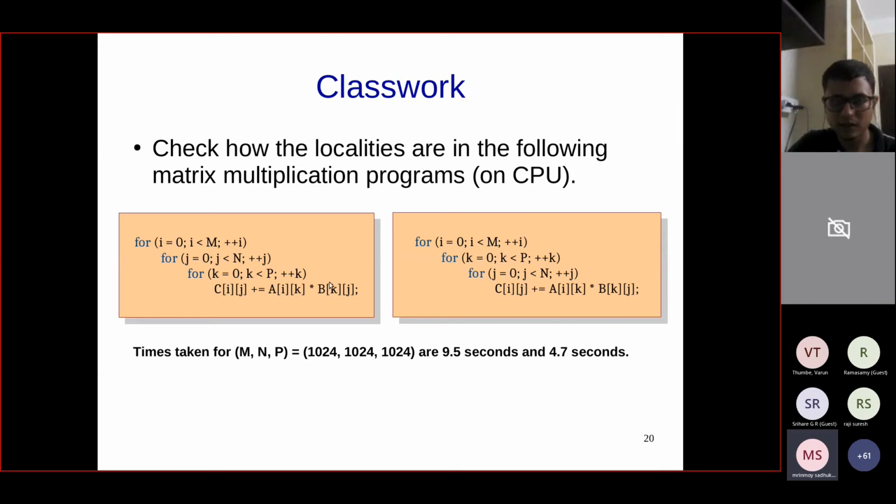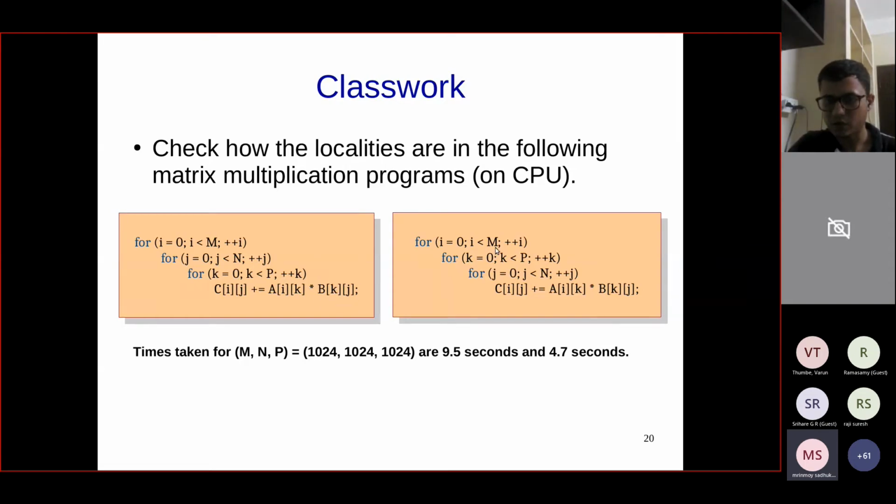K is the fast moving variable, so its accesses will be in a columnar manner. So 0, 0 will be accessed, then 1, 0, and then 2, 0. We move along the column for B, but for A and C, we are moving along the row. As we are storing matrices in row major order, both of these will give caching benefits, but B will not. That is one point you should note here.